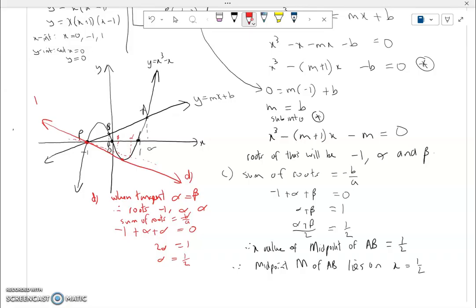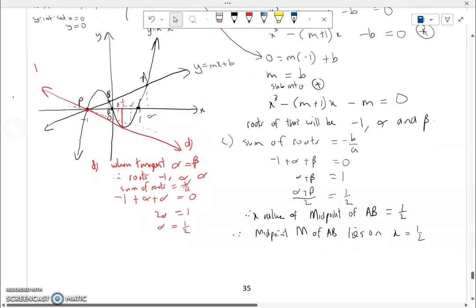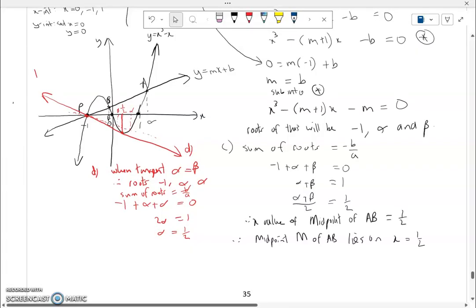So I've worked out that this value here must be a half. Okay. Alright, so now that we've worked out a half, that's the x value of this other point of intersection.